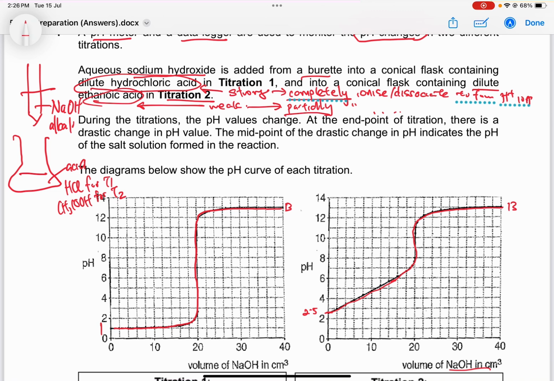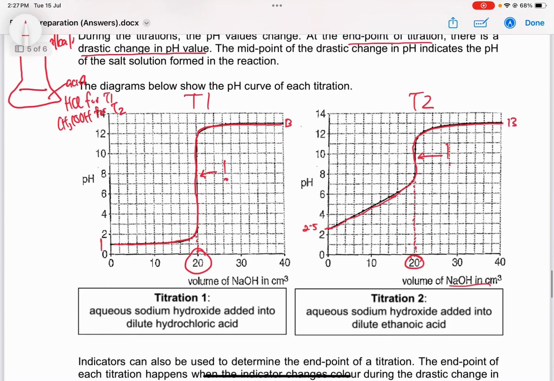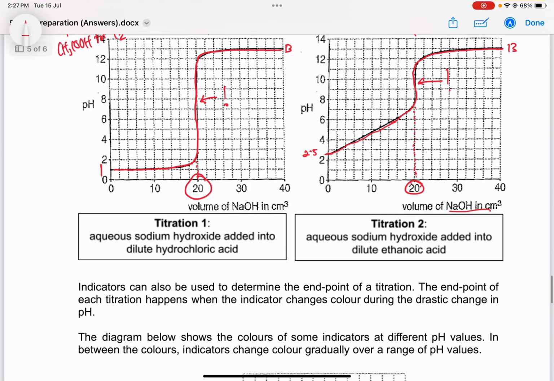The question says at the end point of titration, there's a drastic change in the pH value. So where is the drastic change? This is the drastic change over here, this sharp increase. So the end point is actually a volume. So 20 for sodium hydroxide, 20 for titration 2. Same thing, 20 for titration 1. Okay? So interpret the thing accordingly.